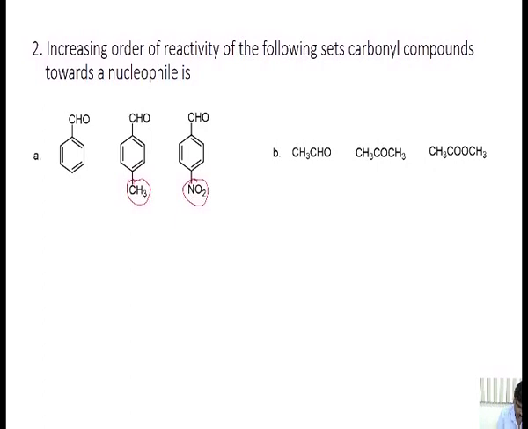On the other hand, nitro group is an electron withdrawing substituent. It can pull electron from the aldehyde group. Therefore, if you compare the electrophilicity of the carbonyl group of benzaldehyde, the electrophilicity of this aldehyde is reduced due to the electron donating ability of the methyl group.